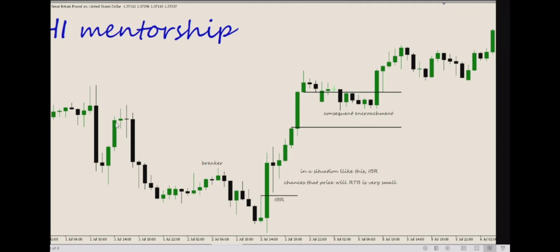Price trades back into that Sibi, goes to the Sibi low, which is the low of the candle before. This is the CB high, which is the high of the candle after. So the CB low and the CB high gives you your fair value gap or your sell side imbalance.